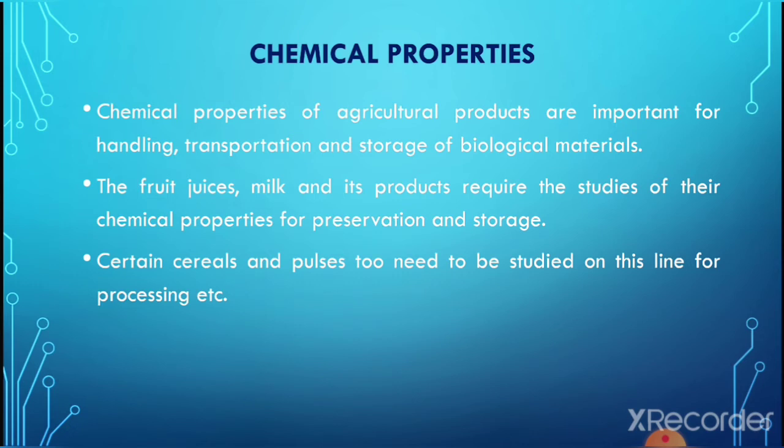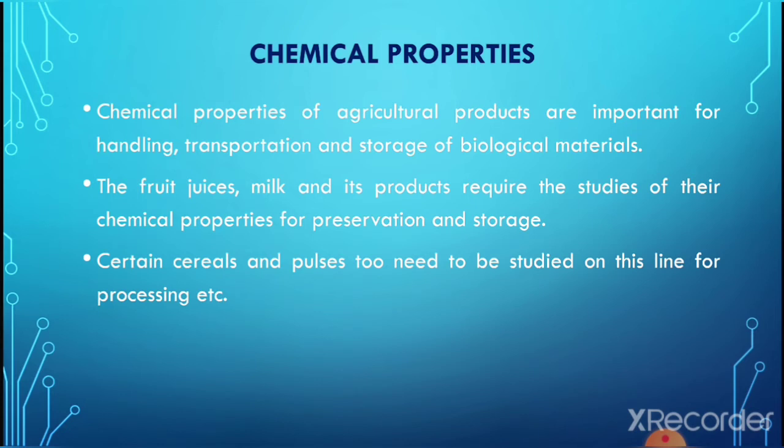Chemical properties. Chemical properties of agricultural products are important for handling, transportation and storage of biological materials. So fruits, juices, milk and its products require the study of their chemical properties for preservation and storage. For example, all the agricultural commodities are perishable.